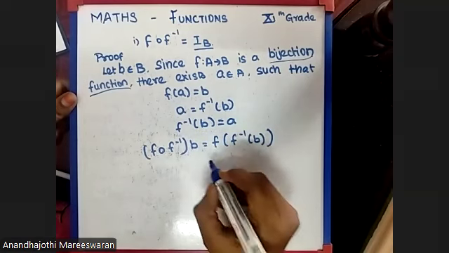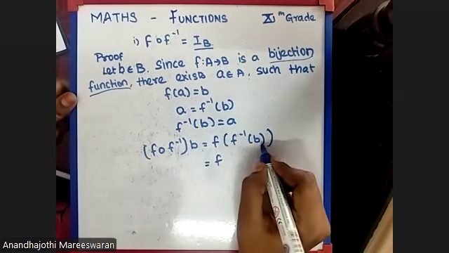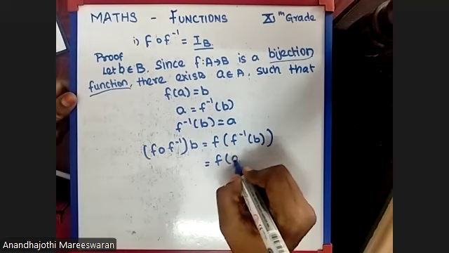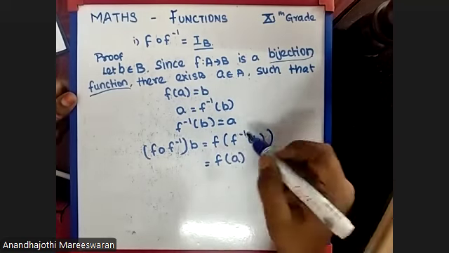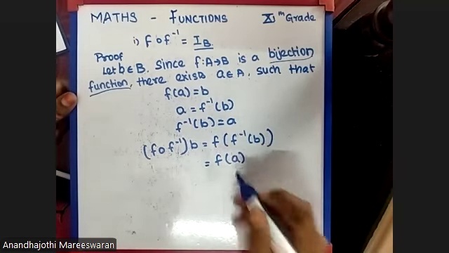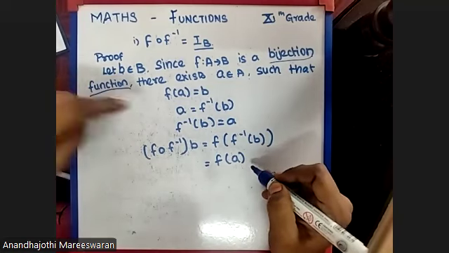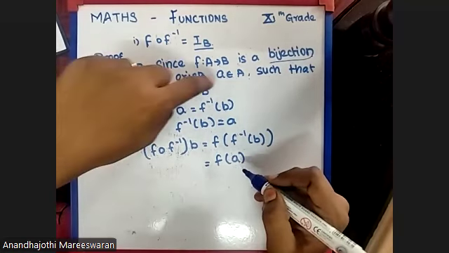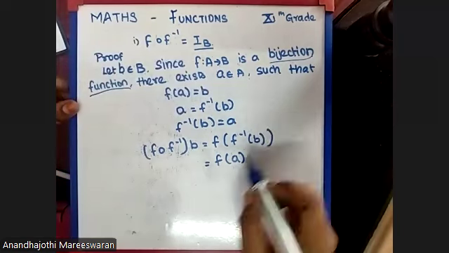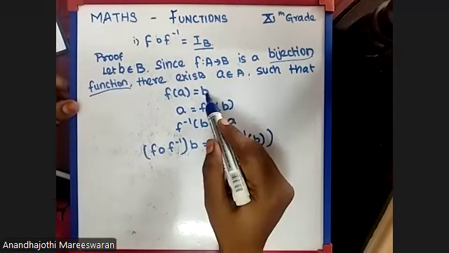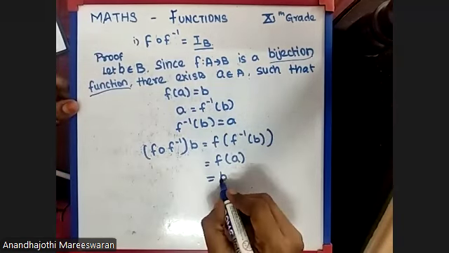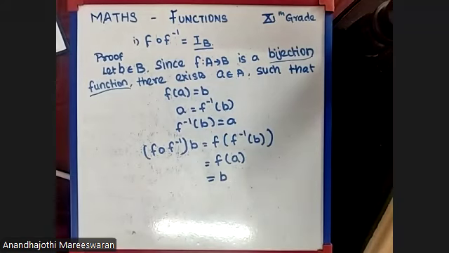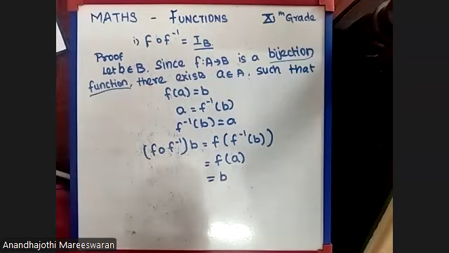From the above equation we know f inverse of b equals a. Again f of a. Where do we see f of a? Here. So f of a equals b. So we can substitute b instead of f of a. Right? Right.